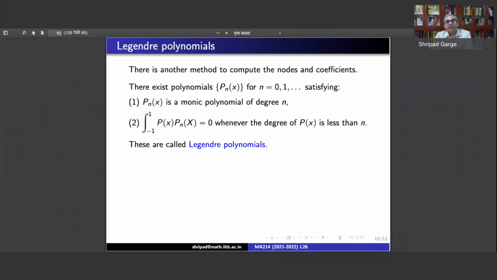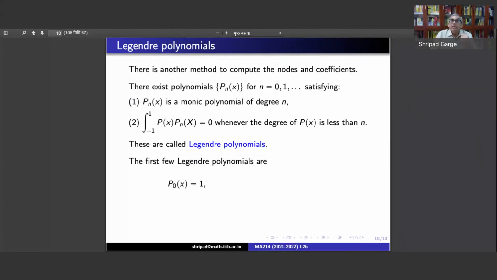They satisfy some very nice differential equations, and so they are studied with respect to those, but they also have these very nice applications. How can we compute these? We know that P0 is a monic polynomial of degree 0. Now, any polynomial of degree 0 is a constant polynomial, but this is a monic polynomial, so the highest degree coefficient has to be 1. Therefore, P0 is equal to 1.